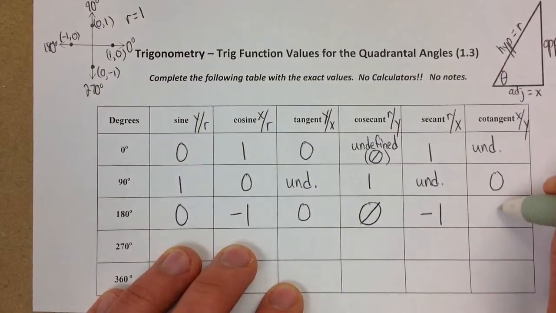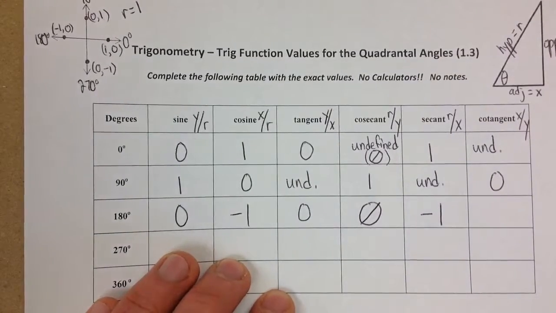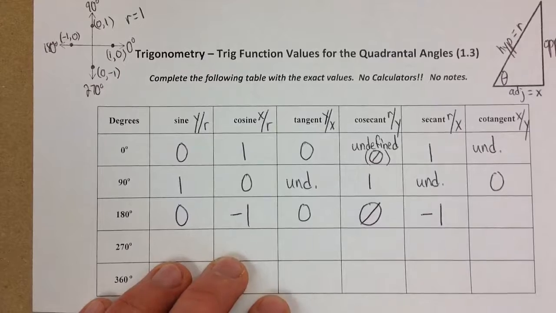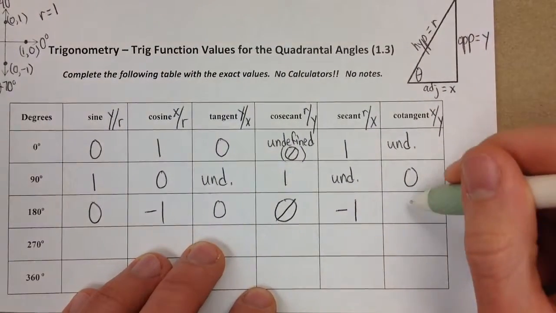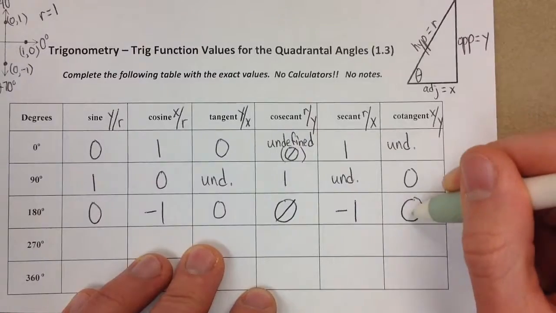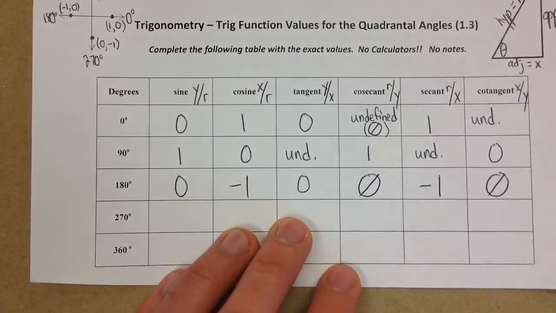Try again. It's the reciprocal of 0. The reciprocal of 0 is actually not a number. You cannot sit on 0, but 0 can sit on you. Okay? All right, we're making progress here.